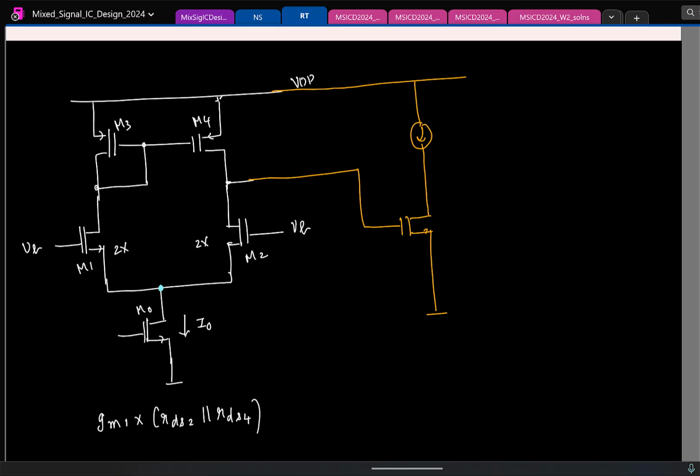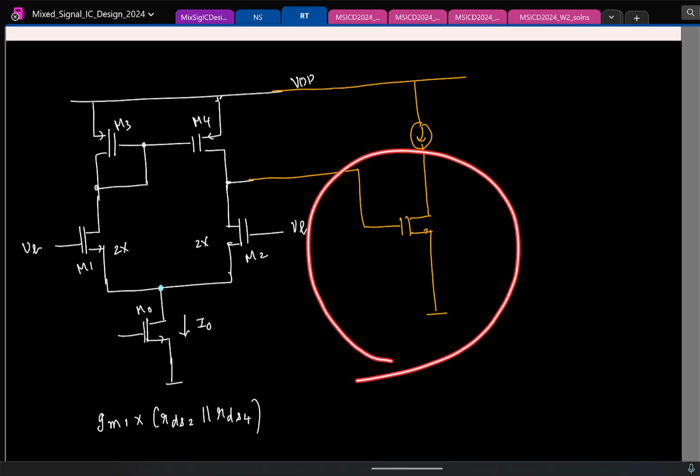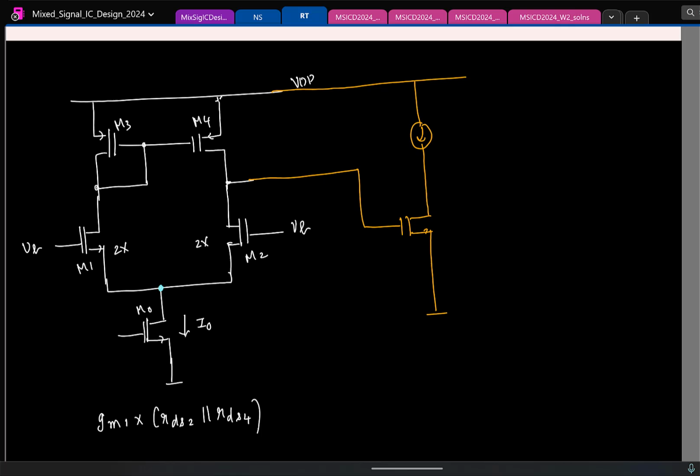Fine. So what is the incremental gain of this fellow? Let me call this M5. What is the small signal gain of the second stage? gM5 into rDS5. Fine. Now where do I take the output?